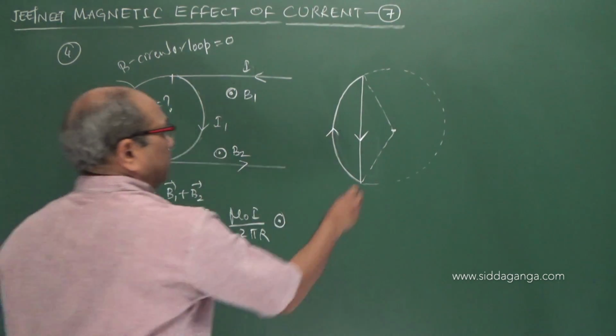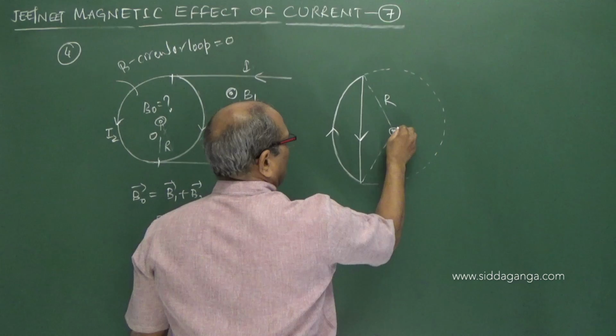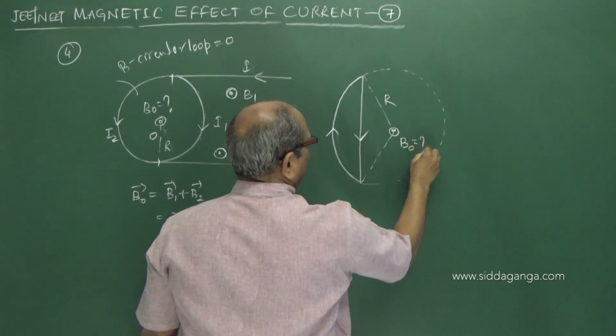So let this be the radius, and at this center, B0 is how much?